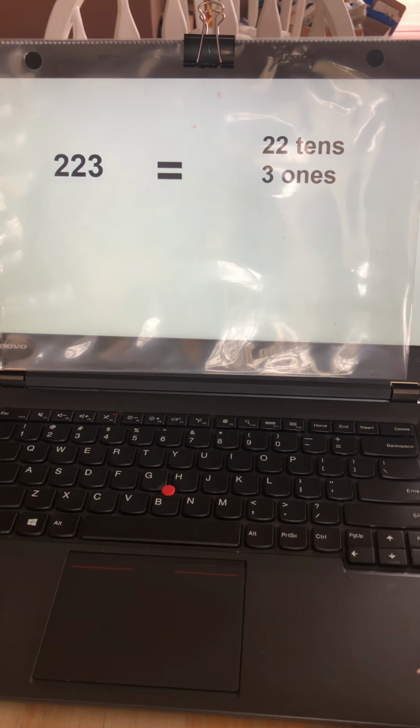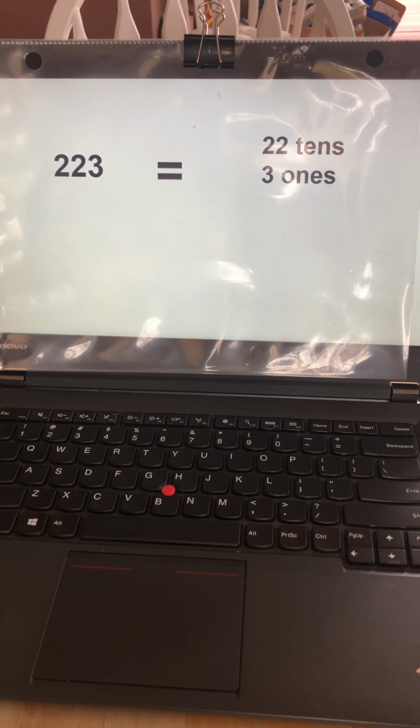Yeah, really think about this one. Is it equal or not equal? Few more seconds.